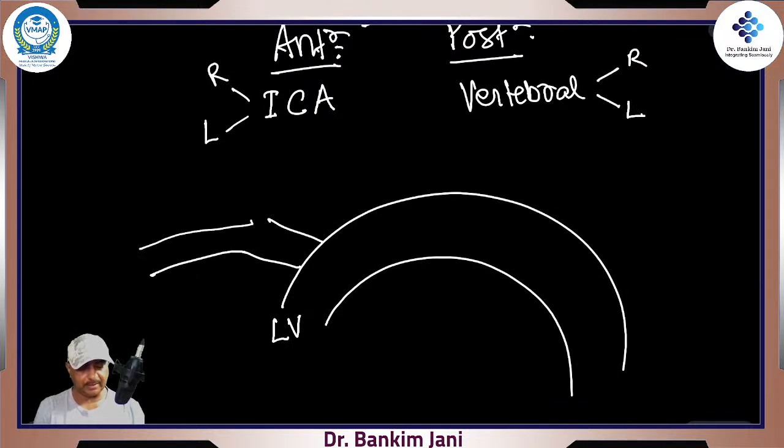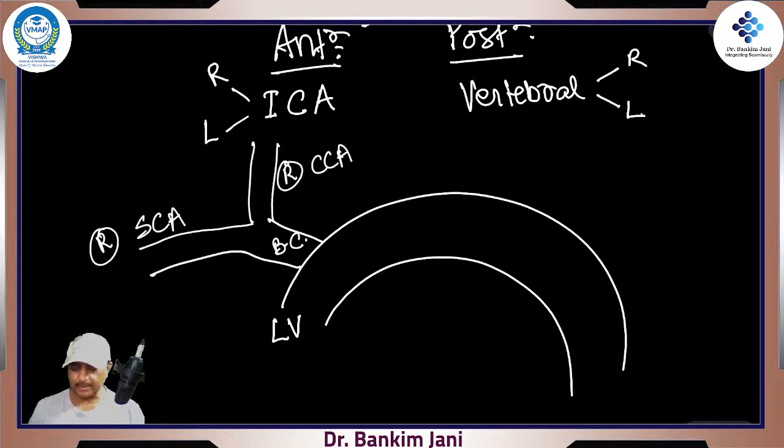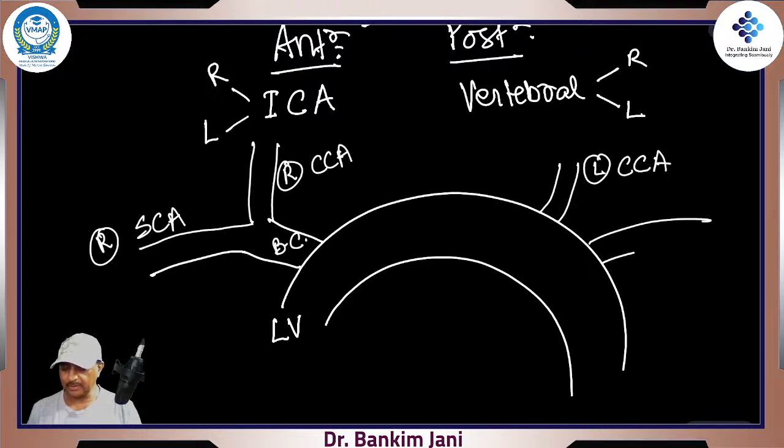This would be the brachiocephalic trunk, and then there is the right subclavian artery, and this is the right common carotid artery, and similarly over here there would be the left common carotid artery, and then the left subclavian artery.